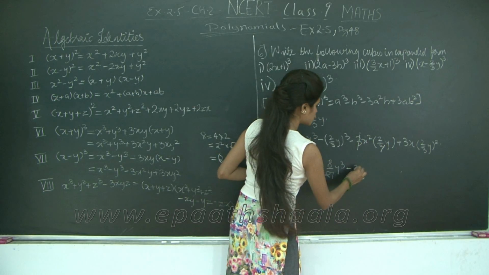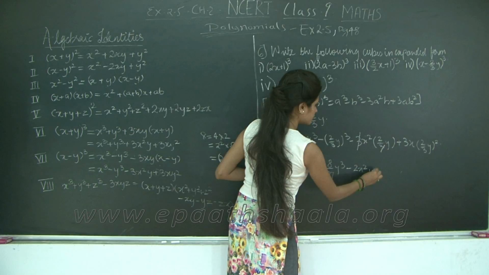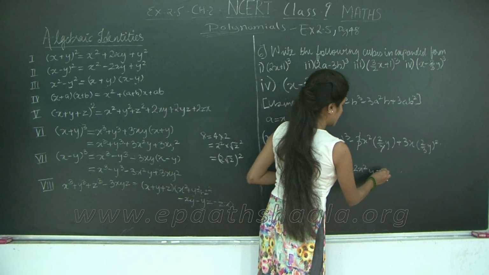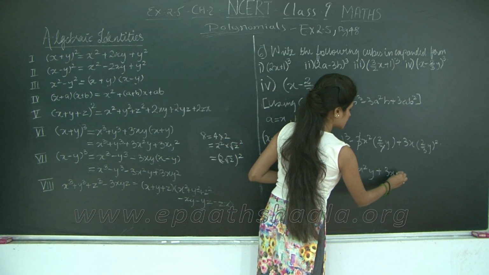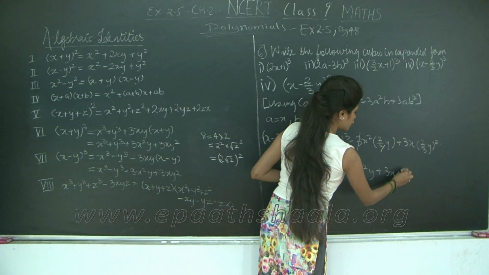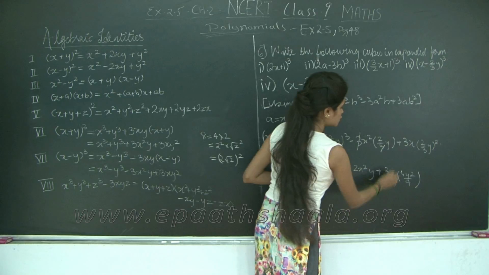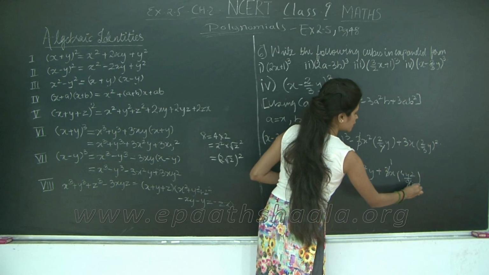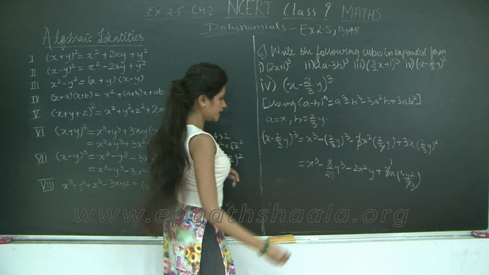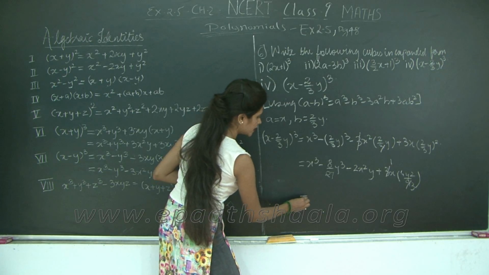So I get 2x square y, plus 3x into 4y square upon 9. So 3 1s are 3, 3 3s are 9.